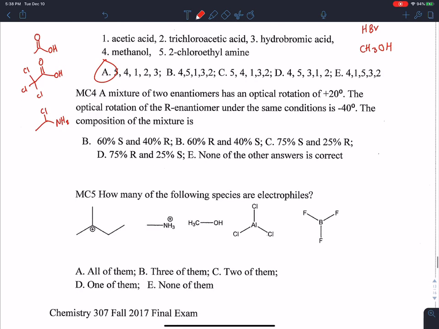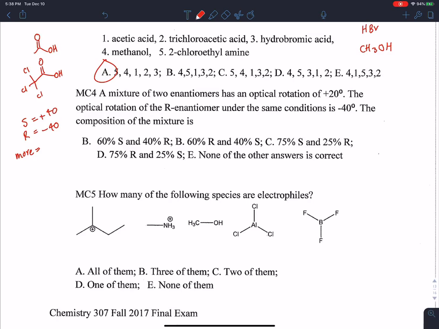The next question is your enantiomeric excess question. They're telling us here that the mixture has a rotation of 20, and then the pure R turns at -40. So I have S, I have R, and I have to know what I have more of. The R is turning in the -40 direction, so the S will normally turn +40.